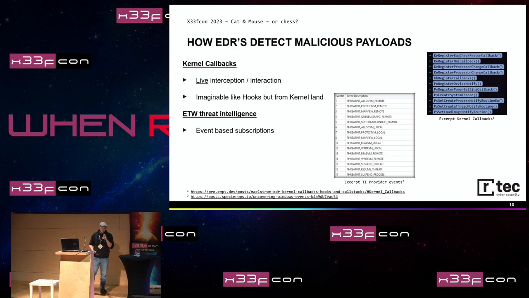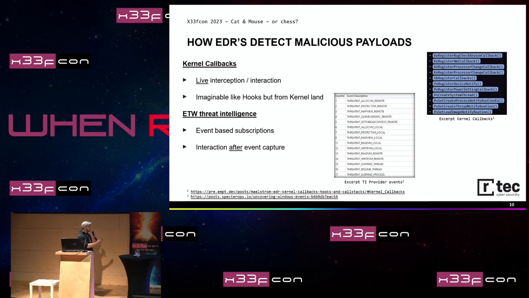Event Tracing for Windows Threat Intelligence is somehow different, because this is an event-based subscription. So any EDR or AV vendor can more or less subscribe to these events. These events can indicate things like memory allocation, something was written into a remote process, a thread was created, or something else.